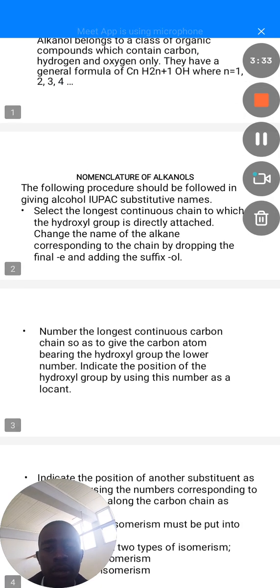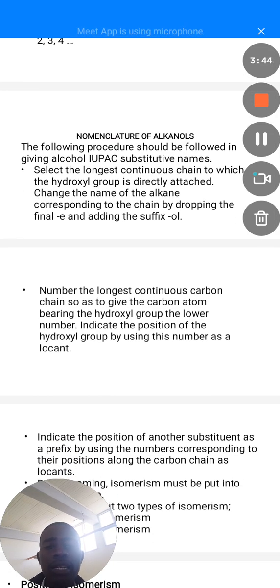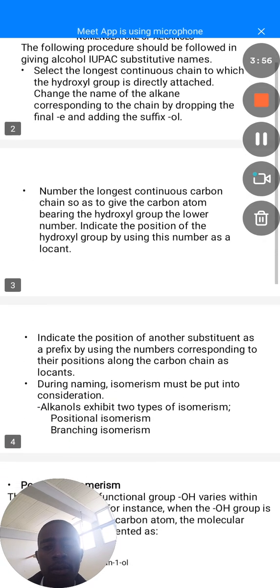The first thing you need to do is select the longest continuous chain to which the hydroxyl group is directly attached. Then you change the name of the alkane corresponding to the chain by dropping the final E and adding the suffix OL. So that is the first procedure when naming alkanols.